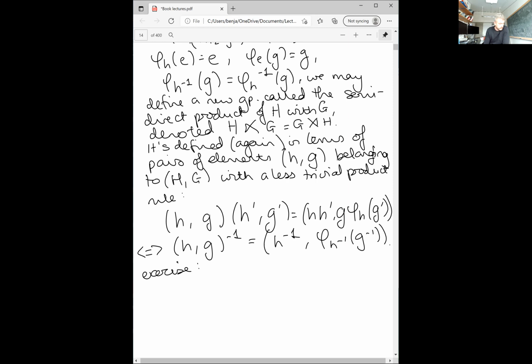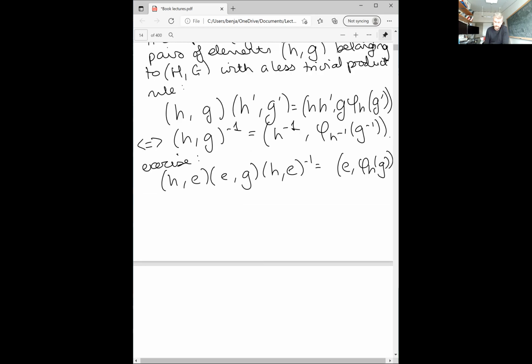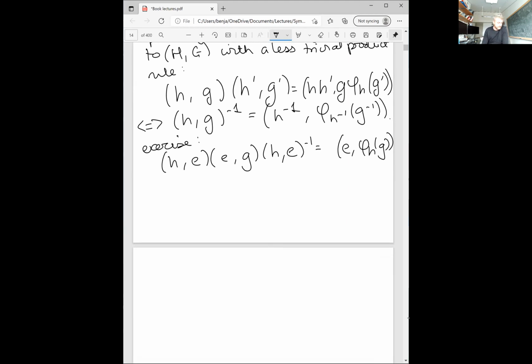Now again, it's a one-line proof that the following equality is true. So you just use the rules that have been given to you.